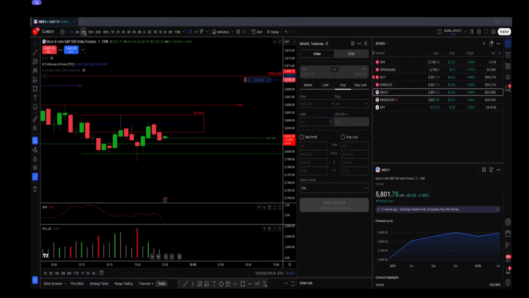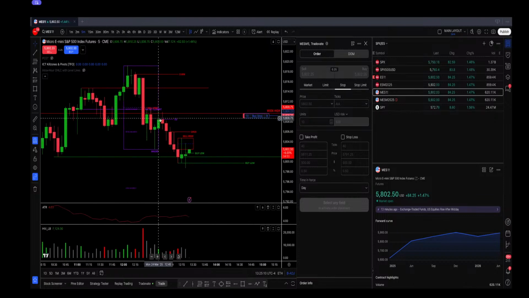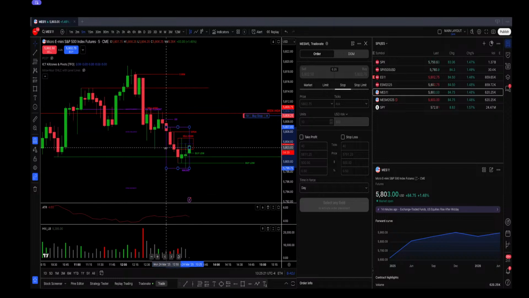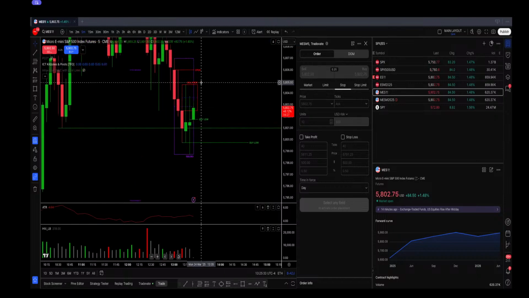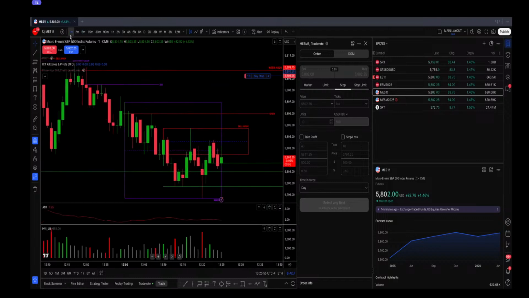Okay, new 5 minute. Since this is about to be the new 5 minute, we're at the midpoint of this 30-minute range. No new seller's candles.